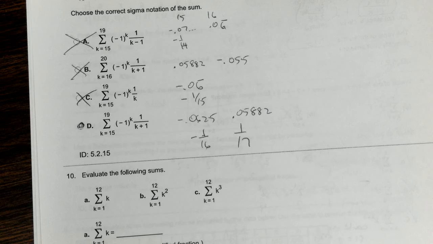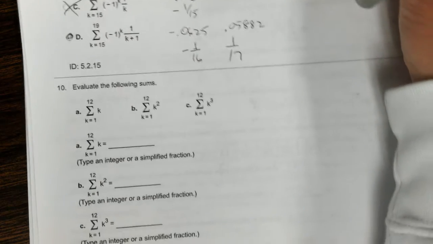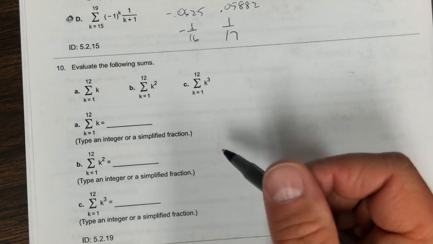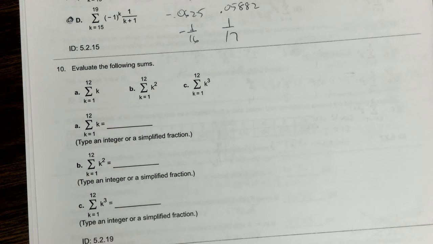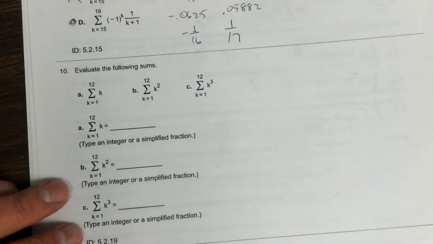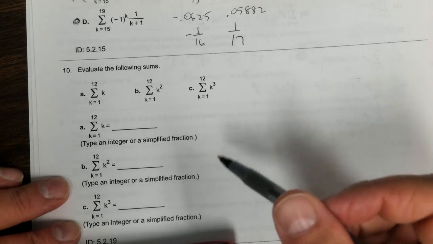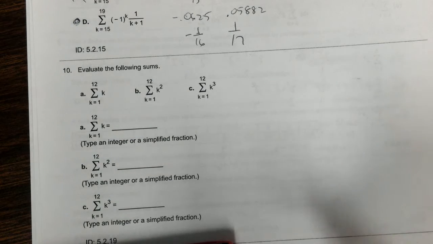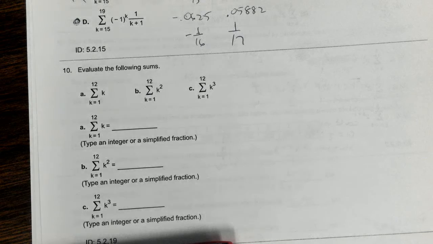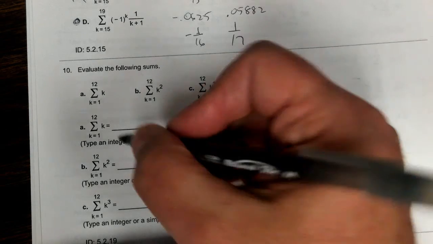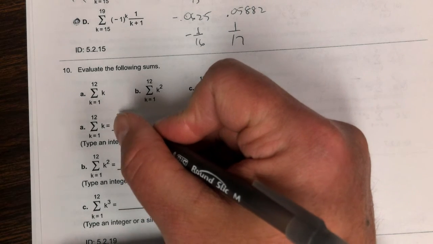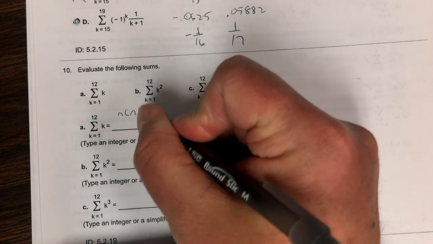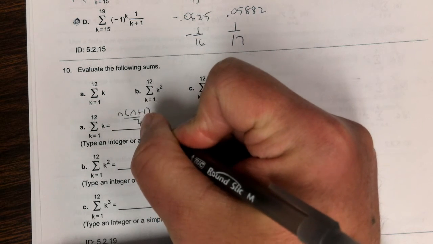Okay. Now for the next one, you want to evaluate the sum, using a linear formula. So that linear formula is n times n plus 1 over 2.